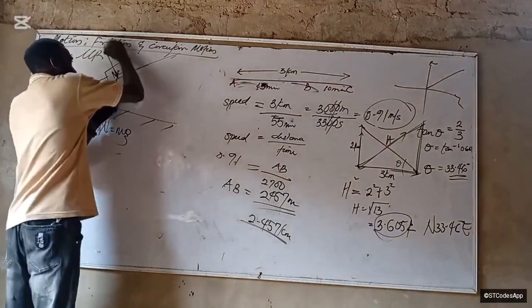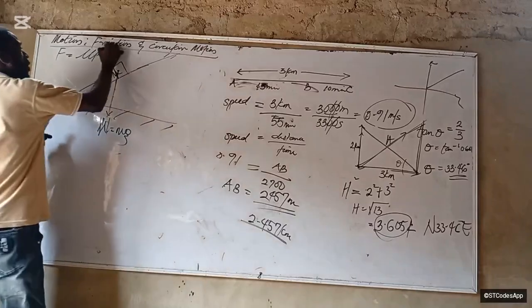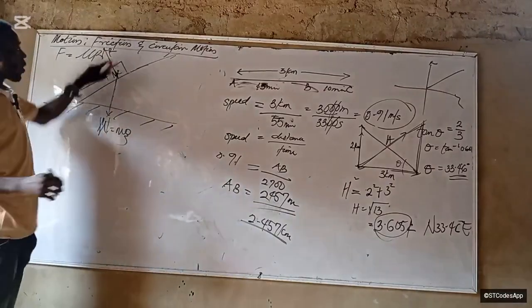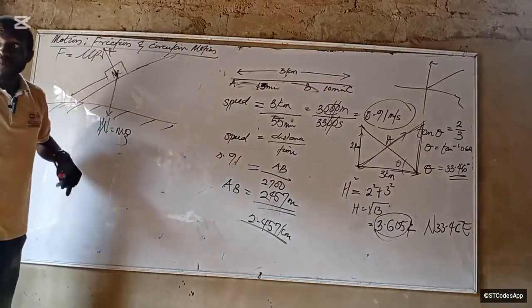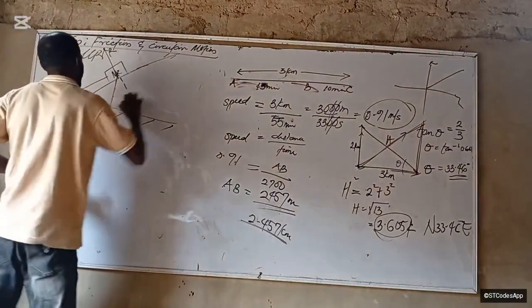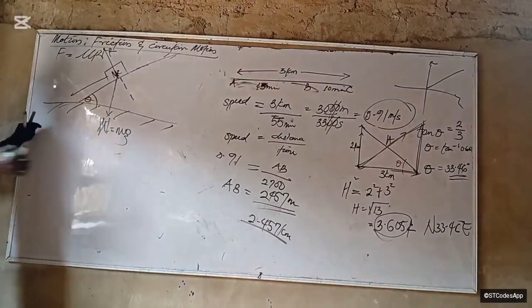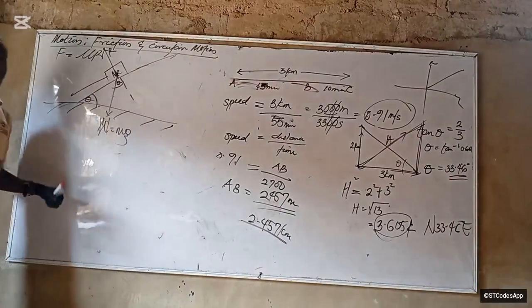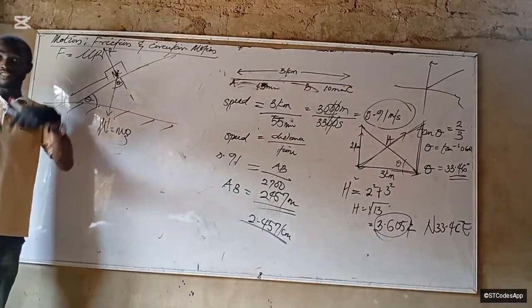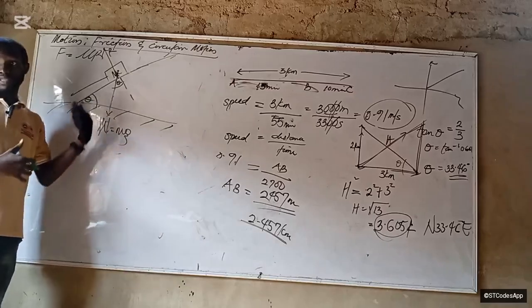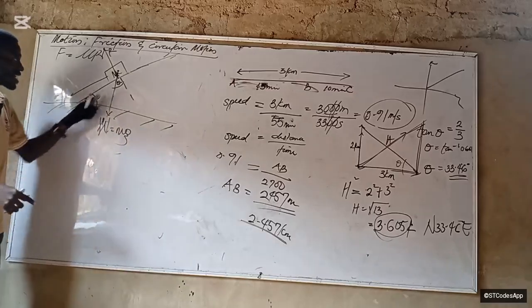So that one is going to act in this direction. But what will be the value of normal reaction? Now this ramp is inclined at an angle theta. By mathematics, we know that here is also what? Theta. If you don't know how to derive it, I'm going to link a video in the description that explains that. I cannot begin to derive that for you again. But theta here is going to be theta here.